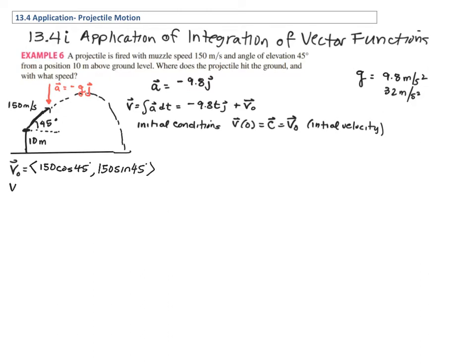So that's going to be 75 radical 2, 75 radical 2. So that's our initial velocity vector, and that goes right in up here. V equals negative 9.8 t times j plus our initial velocity vector. And I'm going to go ahead and write that in i, j form so that I'm consistent with what I started up here.